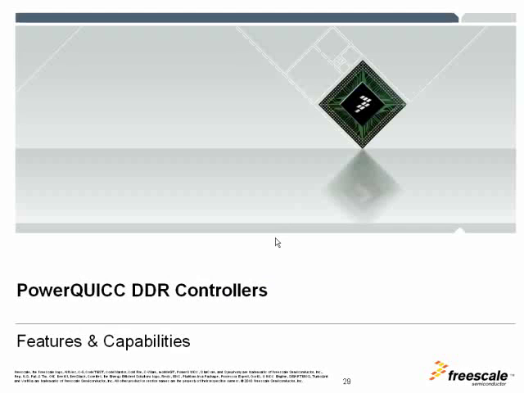Now here we're going to talk about the features and capabilities of power-quick DDR controllers, or the Core IQ DDR controllers. This is the second portion of this presentation. So we're going to switch gears and talk about what are the capabilities of controller, what are the features that are provided in our controller that operates with DDRs.